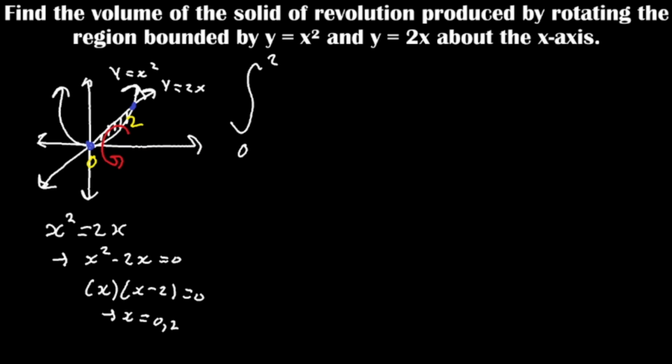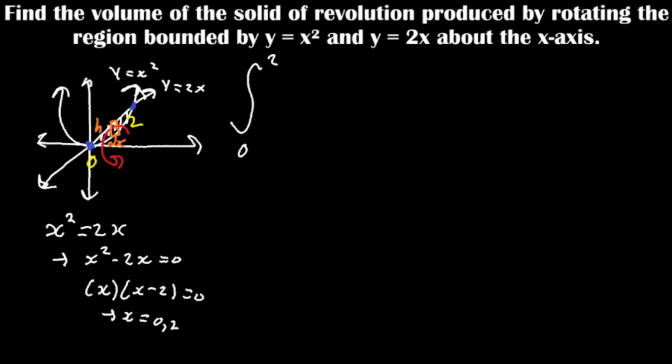But the washer method, where we have two different radii that we have to subtract from each other, is what we're going to use, because if you notice, if we make one representative rectangle of our integral, it's going to look like that. So we're with respect to x. So this is going to be dx, and this is going to be our h.